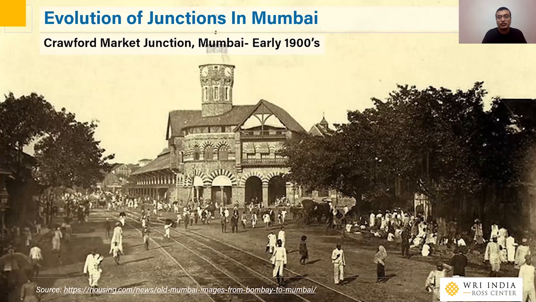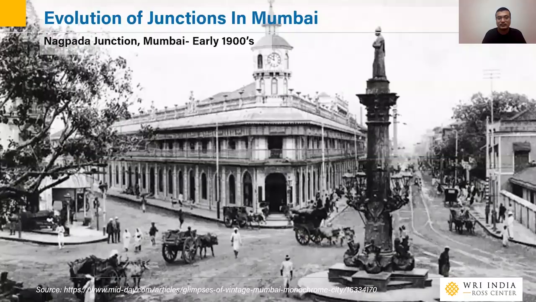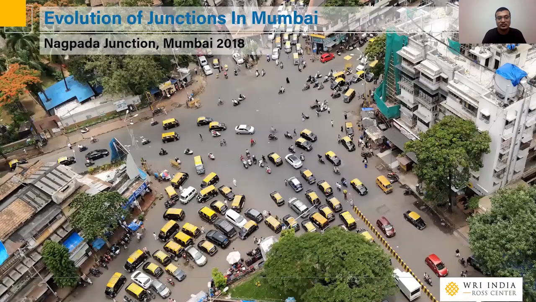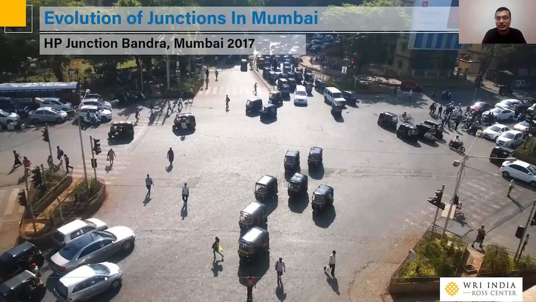Crawford Market Junction, which is a Grade 1 heritage structure of Mumbai, went from this to this. Nagpada Junction from human scale went to become this massive chaotic junction. HP Junction, from having a roundabout, became this maidan where more than 3 basketball courts can be accommodated.